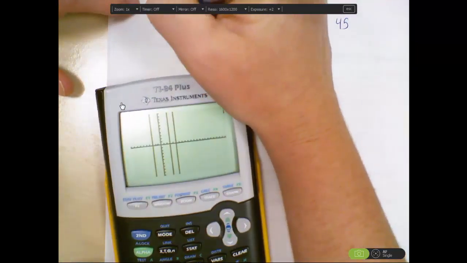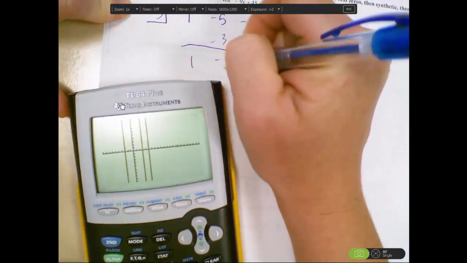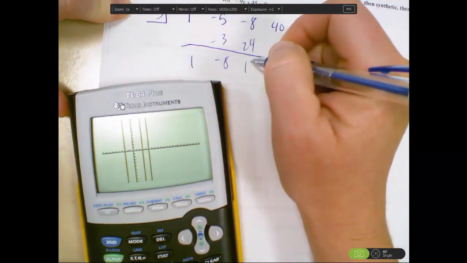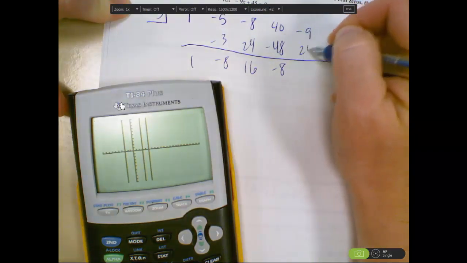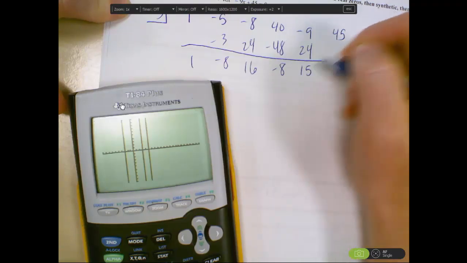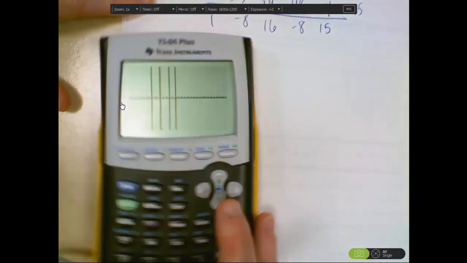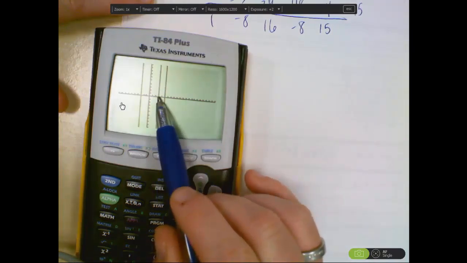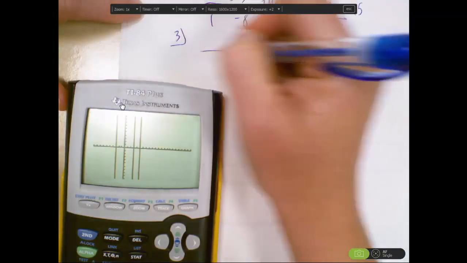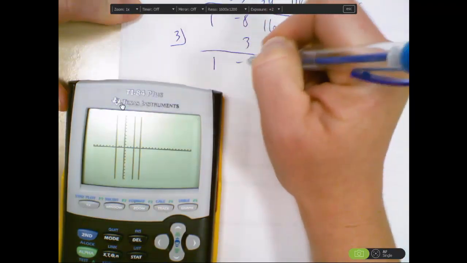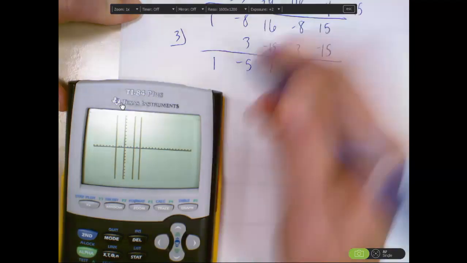So I'm going to try -3. 1, -3, -8, 24, 16, -48, -8, 24, 15, -45. So one root is -3, or one zero is -3. It also looks like +3 might be a root, so let's try that. Yep, +3 works as well.